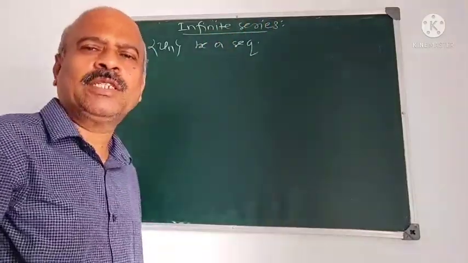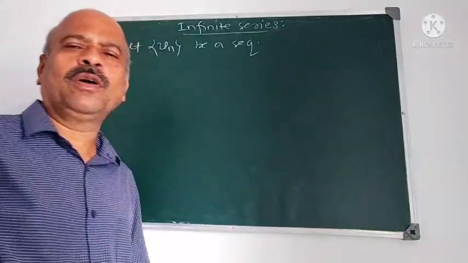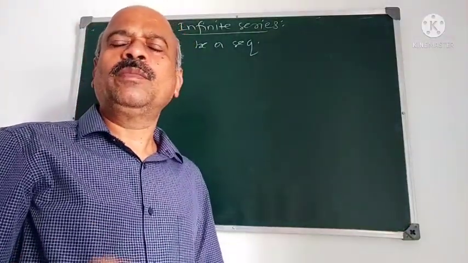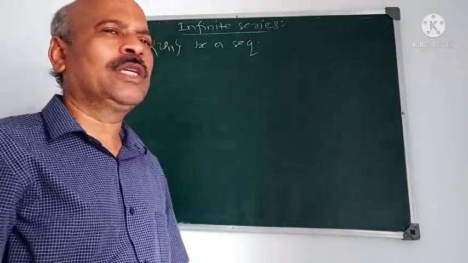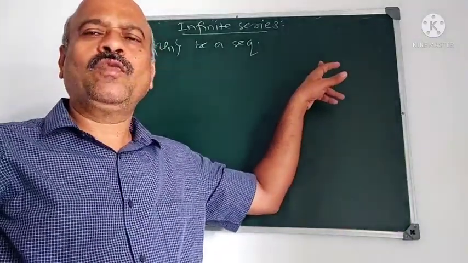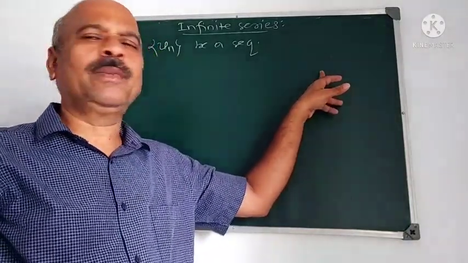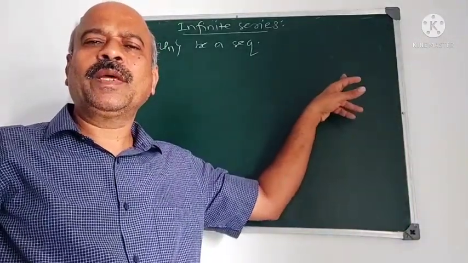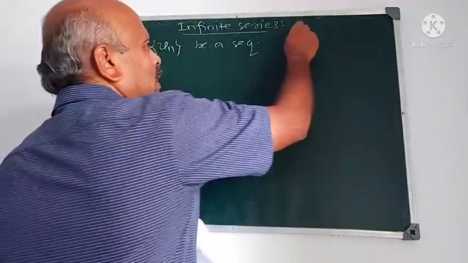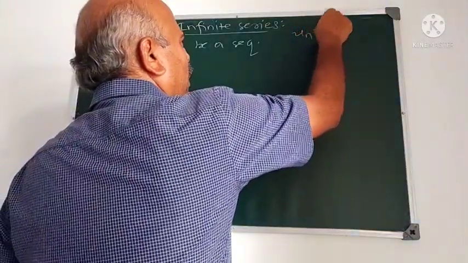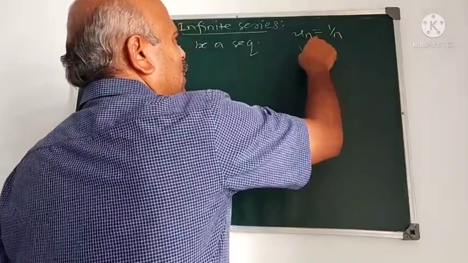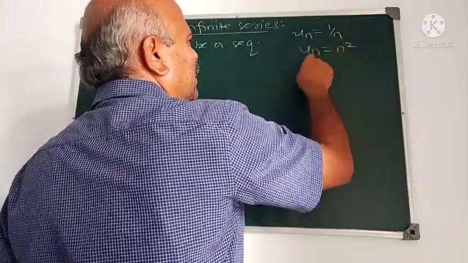What do you mean by sequence? A sequence is a function from natural numbers to reals, and a sequence is denoted by different notations. One method is to denote the sequence by its nth term. For example, Un is 1 upon n is a sequence. Un is n square is a sequence.